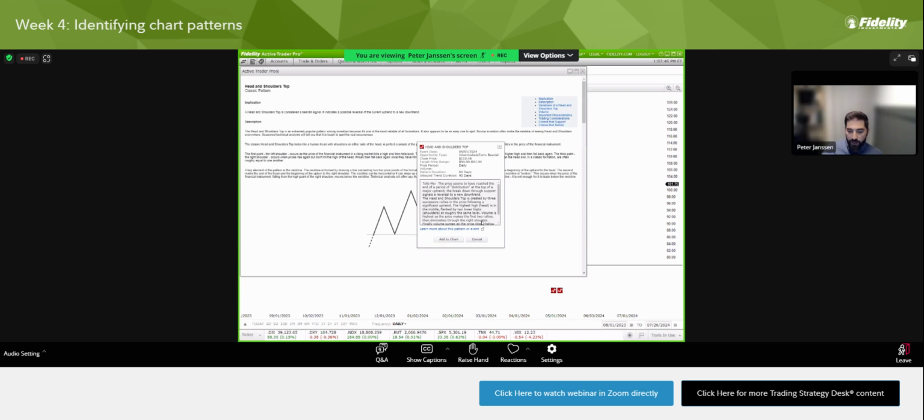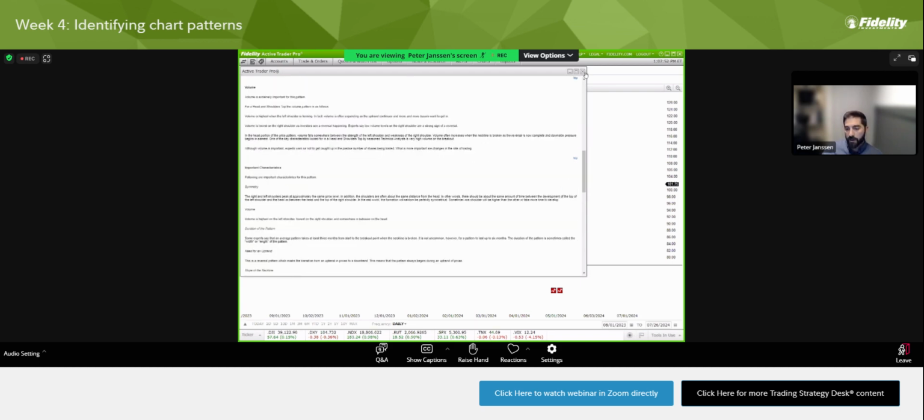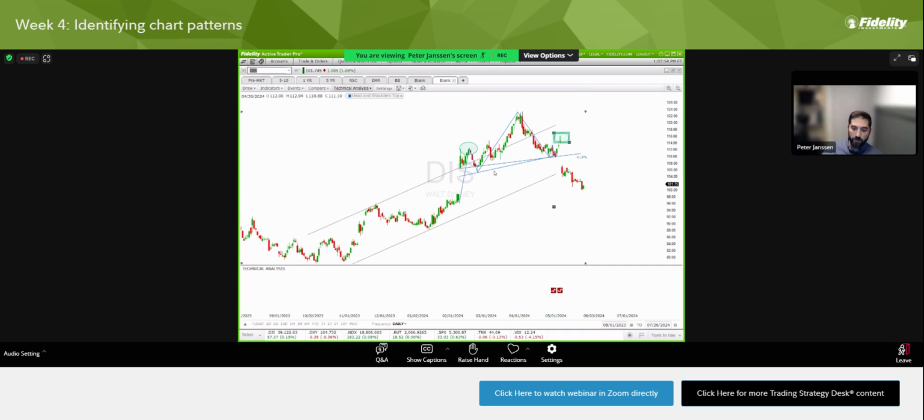And then you've also got the ability to click on add to chart. And what that will do in the background is show, okay, we were in an uptrend. We had one peak. We retested, had another peak, retested, had another shoulder, and then maybe have been breaking this.